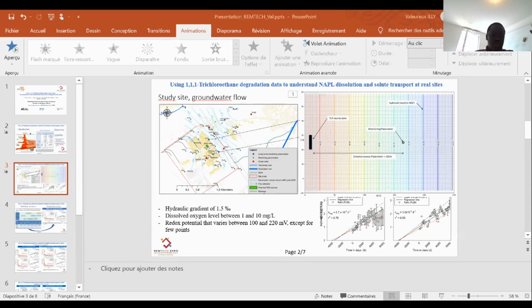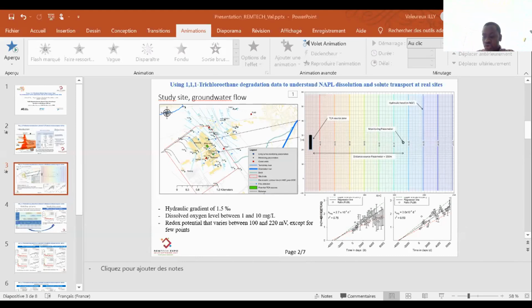For example, if we suppose that the source of the contaminant is a DNAPL in a very homogeneous medium, we get this concentration breakthrough that did not fit the data on the piezometers. So this model cannot work.